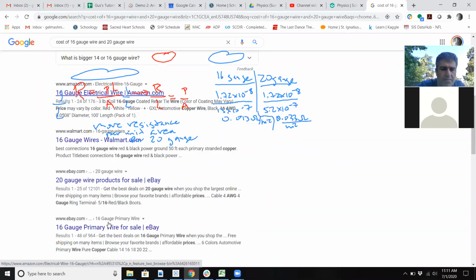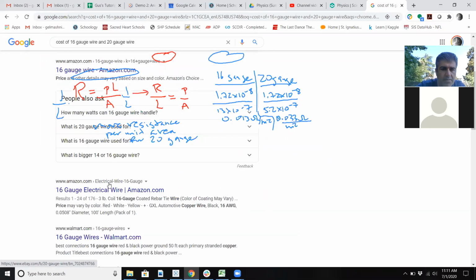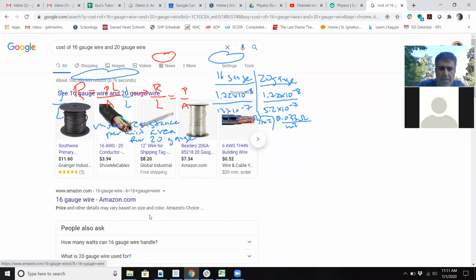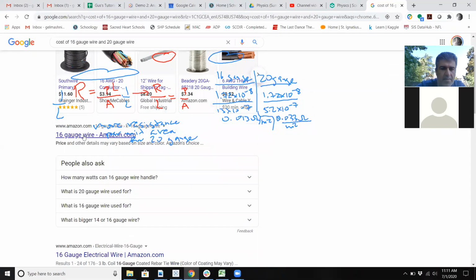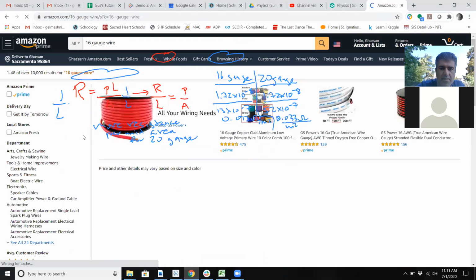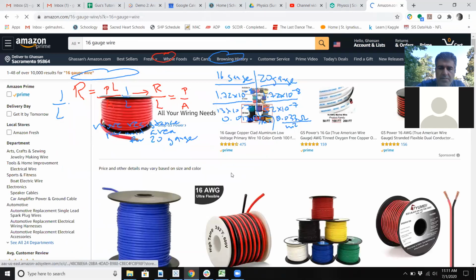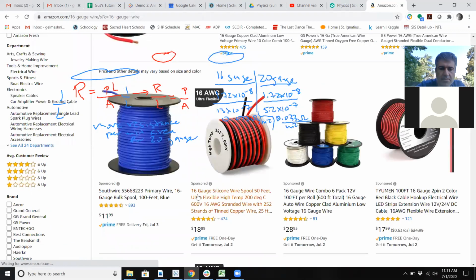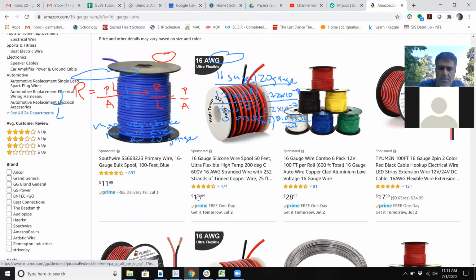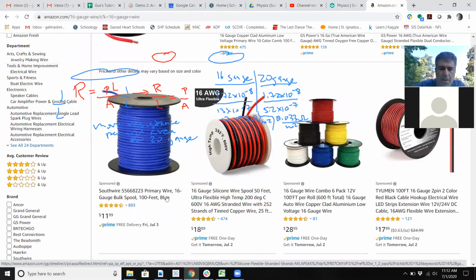See if I can see. You kind of see the prices there for 16 gauge.